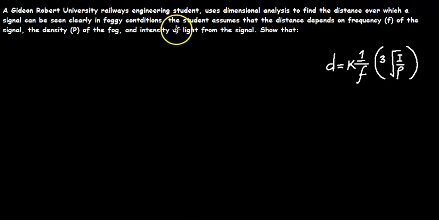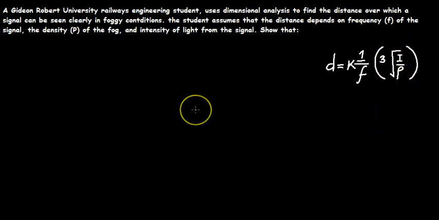And it continues by saying the student assumes that the distance depends on the frequency of the signal and the density, which is denoted by rho, of the fog, and the intensity of the light from the signal. And the question here is for us to show that D is equal to K, which is a constant, 1 divided by the frequency, divided by 3 into the square root of I, which is the intensity divided by the density.